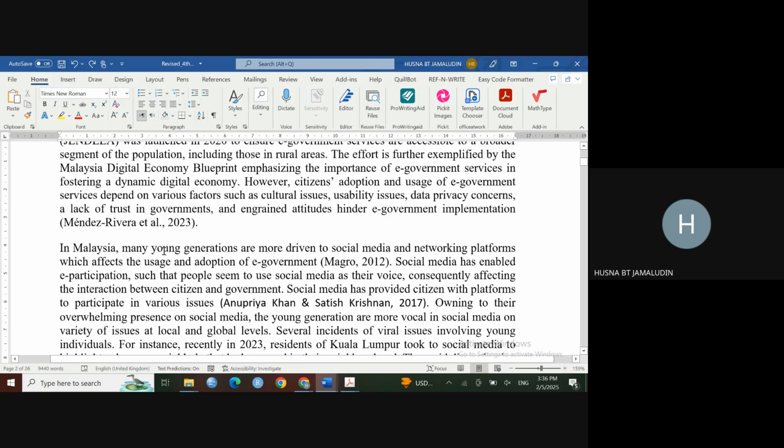In Malaysia, many young generation are more driven to social media and networking platforms, which affect blah blah blah. So somehow here this paper is telling about the problem because the young generations are using social media so much, they tend to raise whatever based on their ideas, which sometimes creates many issues.